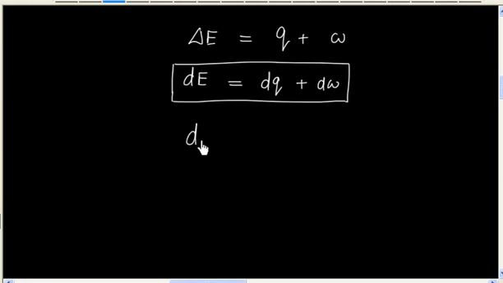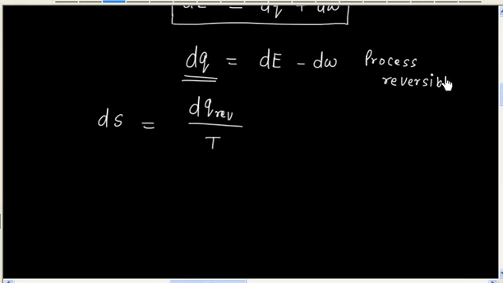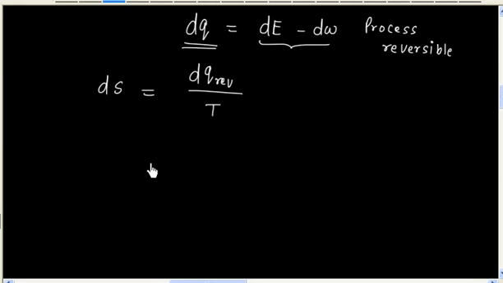From here we can write dQ is equal to dE minus dW. Now let us say my process is reversible. So dS becomes dE minus dW divided by temperature.